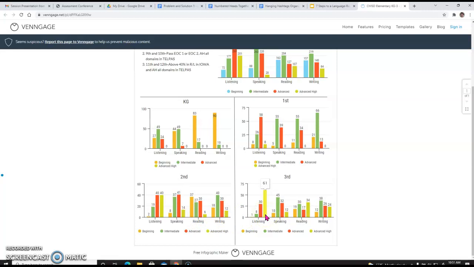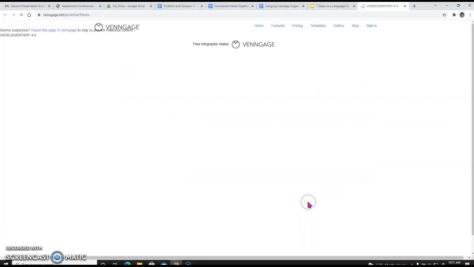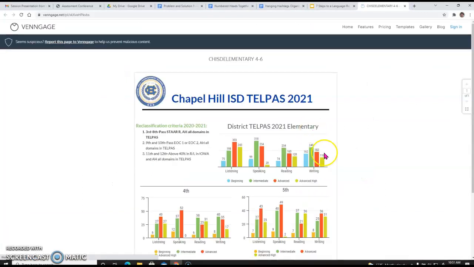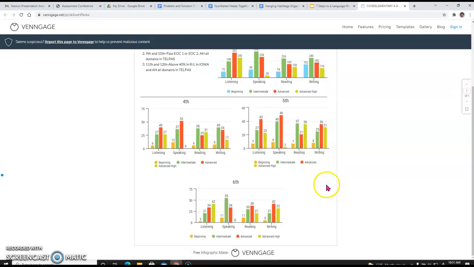We do start seeing a little bit more of advanced high, but still predominantly more intermediate and advanced. So that's kindergarten through 3rd. And here is 4th through 6th.